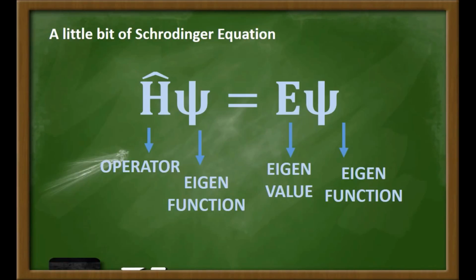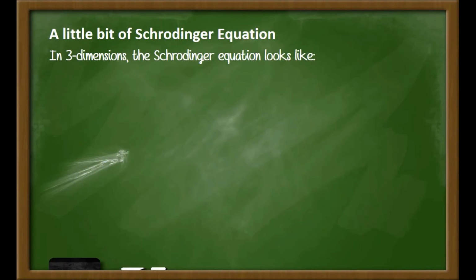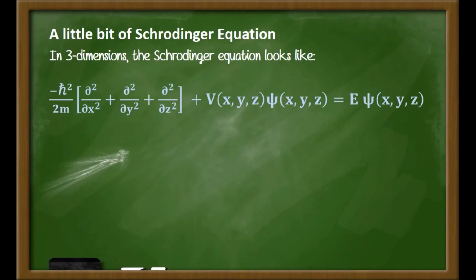Just as a matter of curiosity, the word eigen comes from the German language and means self. So eigenfunction would be something like self-function, and eigenvalue something like self-value. In 3 dimensions, the Schrodinger equation looks a little bit more complicated than what we have seen before. So that's how it looks in 3 dimensions.